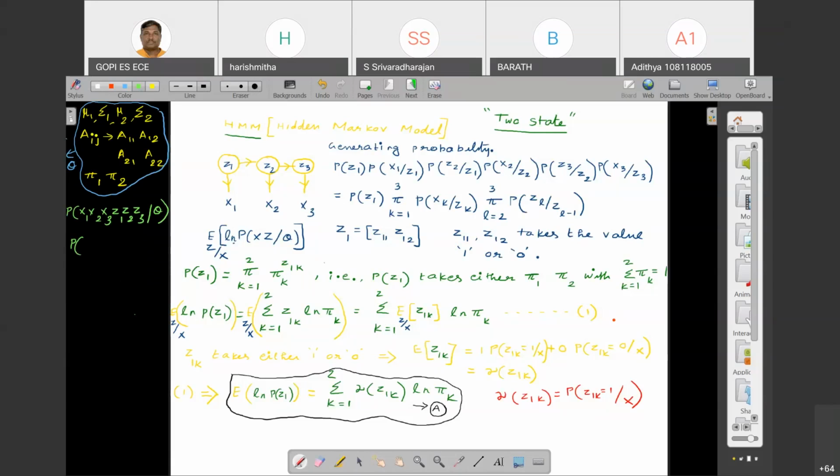The latent variable z1 is responsible for generating x1. Being in that state z1, what is the probability that x1 is generated from z1? That event needs to be included here. And then there is a transition happening, from z1 to z2.